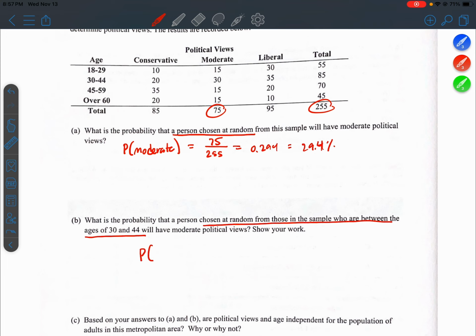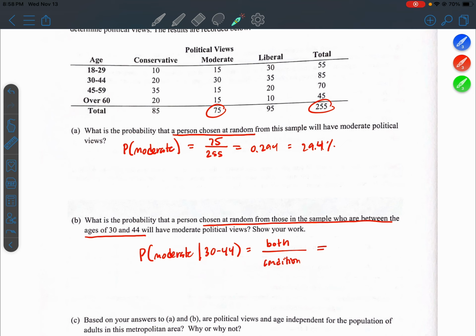They want to know the probability that a person will have moderate views given that they're in the 30 to 44 age range. So we just need to find the probability of both of those things happening divided by the probability of the condition. And of course the condition is the part after the vertical line.